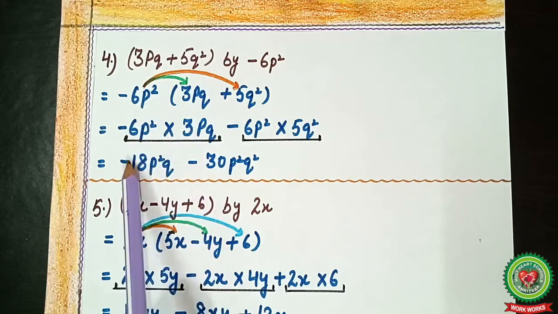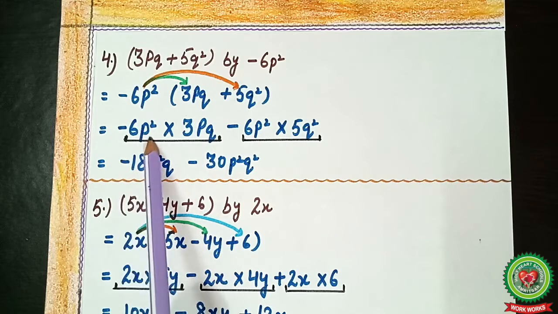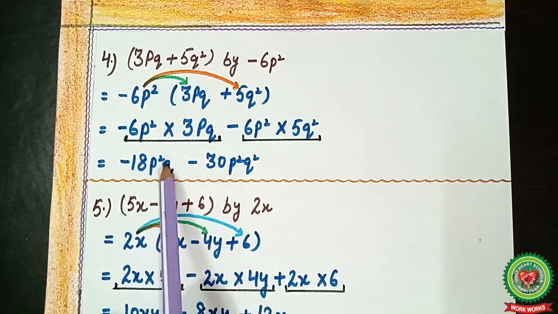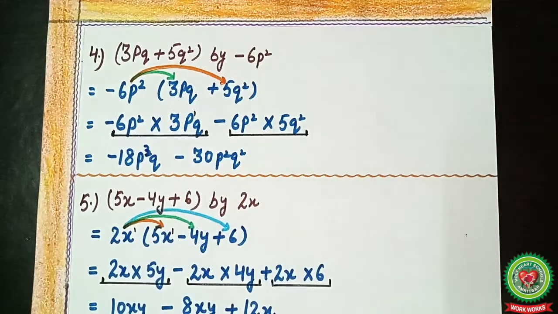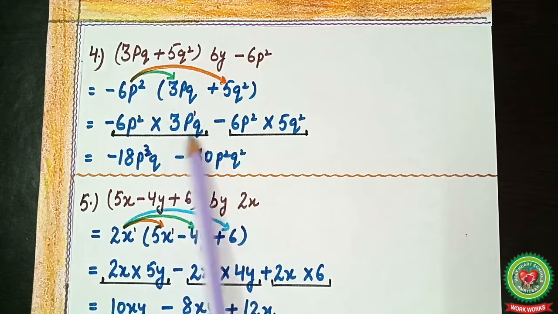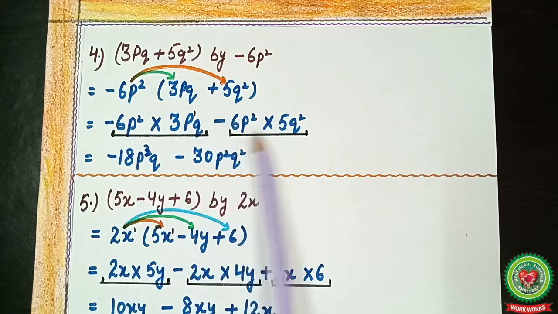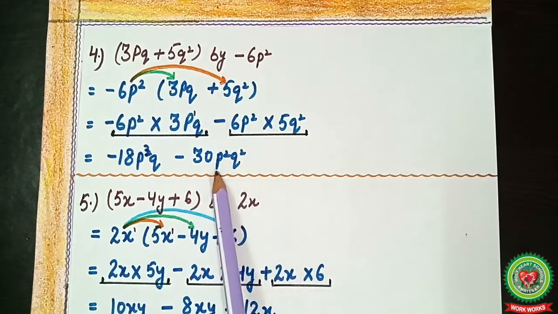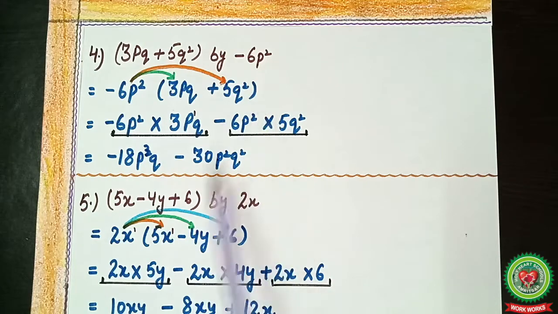So unlike sign of minus, so here 6 into 3 that is 18, p square into p that is p cube, right? So here you will write p cube and q. Minus 6 into 5 that is 30, p square will remain p square, q square will remain q square. So this is the answer for this question.